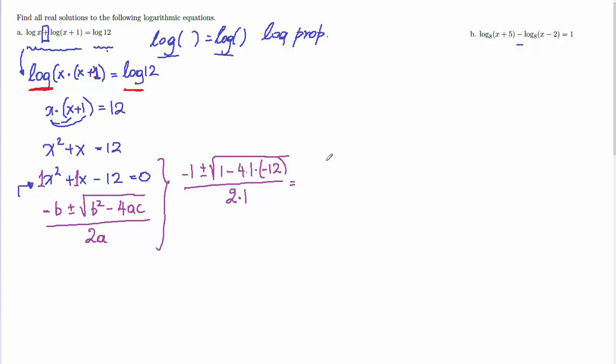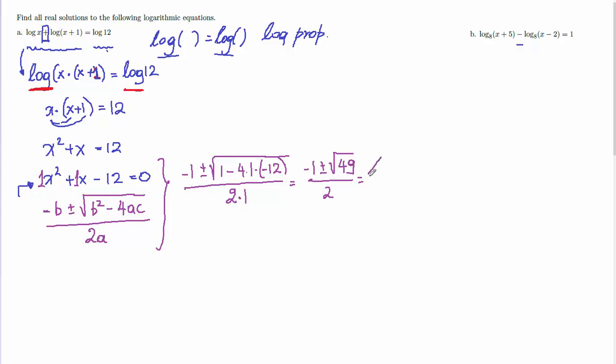And this gives me negative 1 plus or minus, minus times minus is going to be plus, 4 times 12 is 48, so I have the square root of 49 here divided by 2. The square root of 49 is 7.